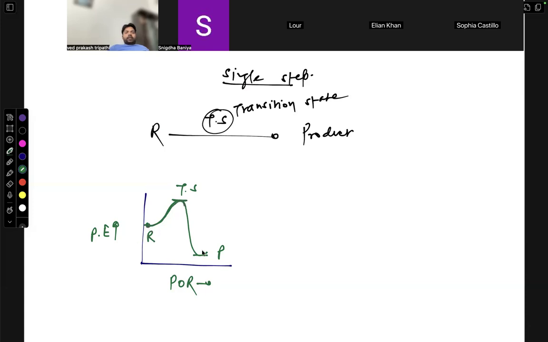And this graph is exothermic. Why exo? Exo is like out. Which part is out? Reactant. It is outer than the product. The energy of the reactant is higher than the product. So the delta H for exothermic is negative. Make sense about this graph?